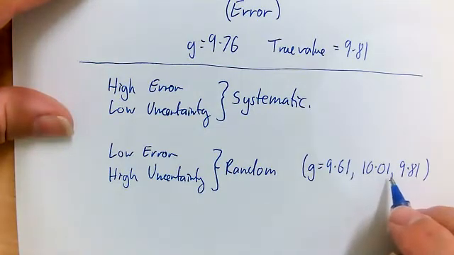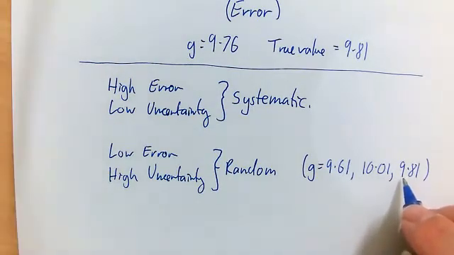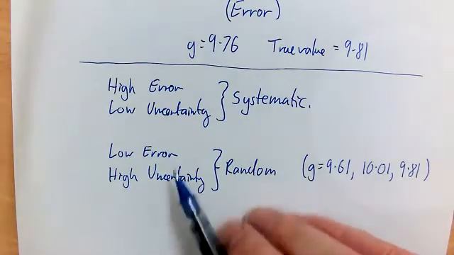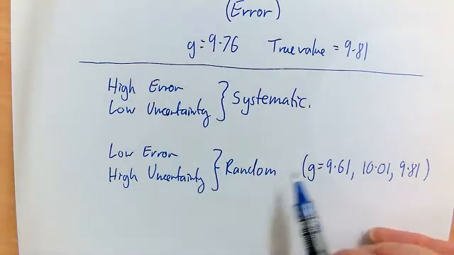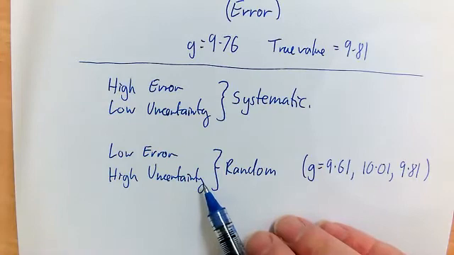Okay, but if I took an average, they'd average to be 9.81, which is close to the true value. So that would be a low error because it's close to the true value.